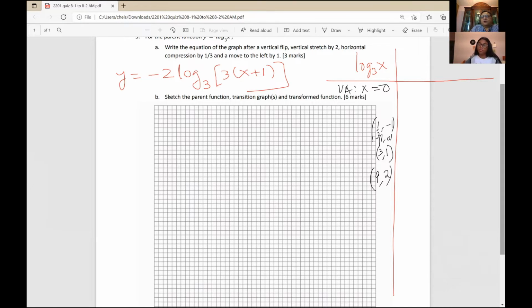Now, you could always sketch this, but first we'll make this. We have a vertical flip, so let's look into the vertical reflection. So I'm saying minus 2 log 3x.